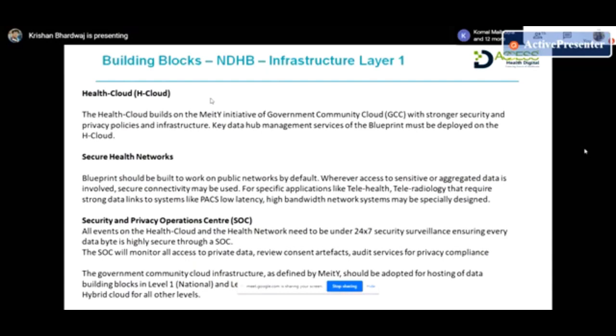This can happen only when you have an AI and ML based security operation control which monitors all the network transmissions of the data packets for breaches. And the data protection bill clearly says that whenever there is a breach, the responsible entity will be penalized.